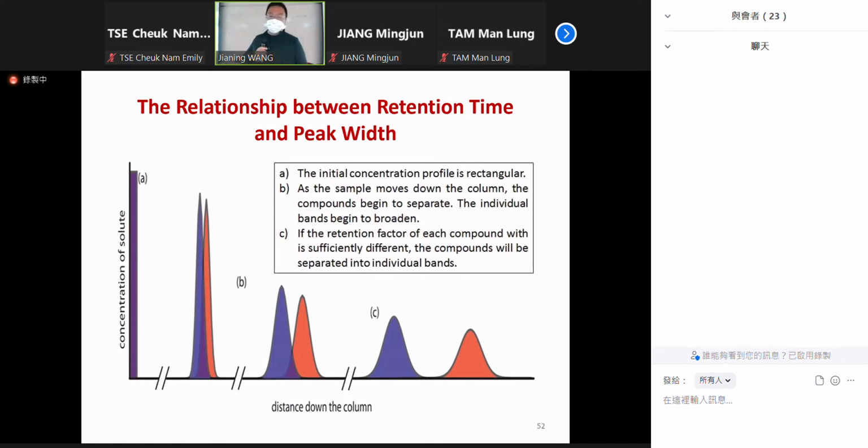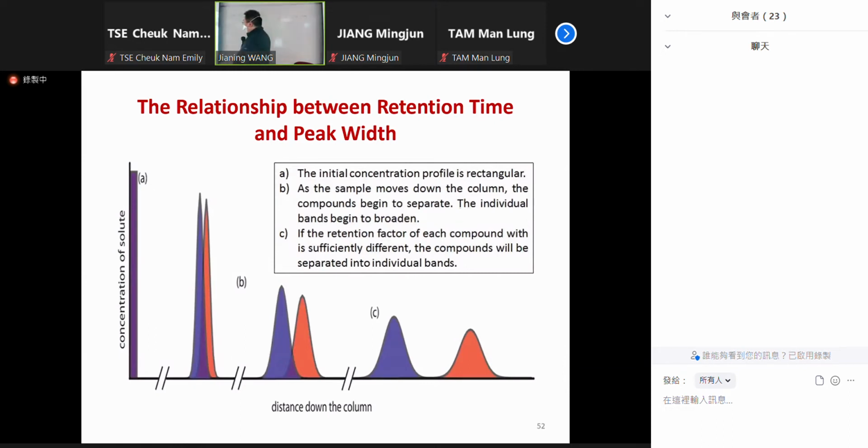Those two have a certain selectivity factor, and along the separation they can finally achieve complete separation after a certain time.